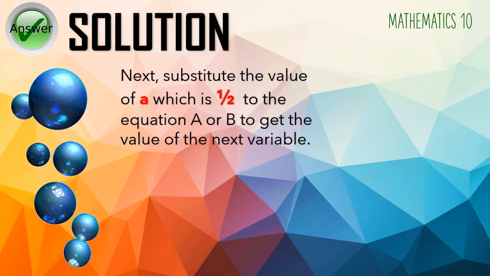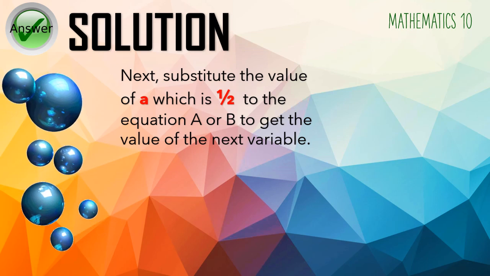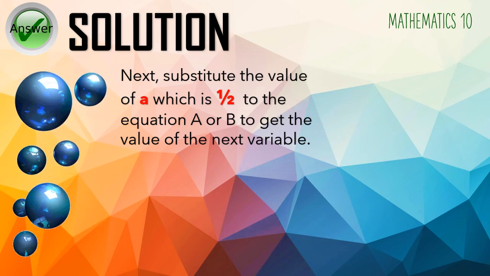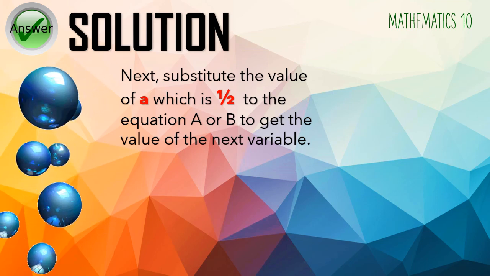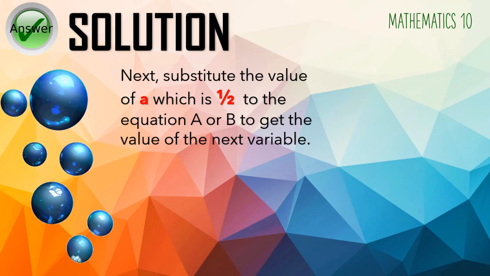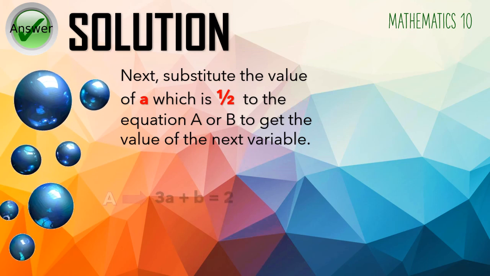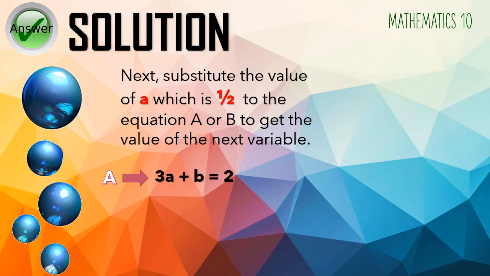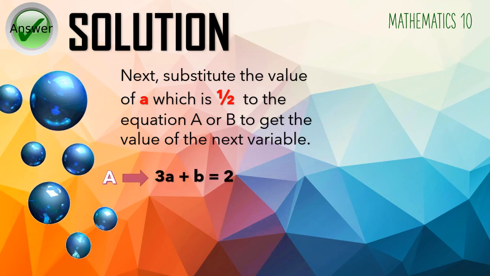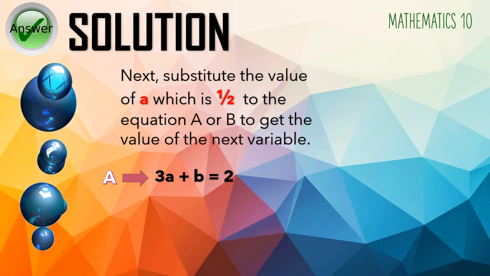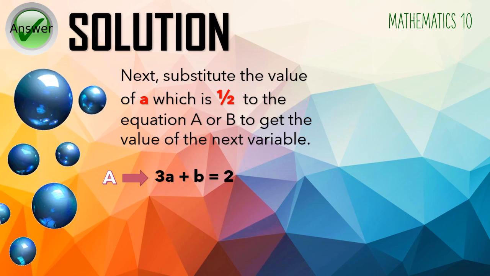Since we have the value for a already, we just substitute the value of a, which is 1/2, into either equation A or B to get the value of the next variable. Our equation A from a while ago is 3a plus b equals 2. That is what I'm going to use instead of equation B. Why?